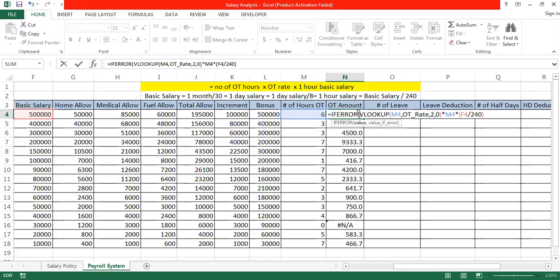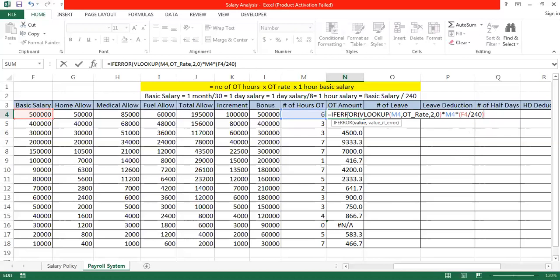If the results are other than the values you have defined, for example, zero you haven't defined in your table, for zero the formula is giving not applicable results. So it is an error.